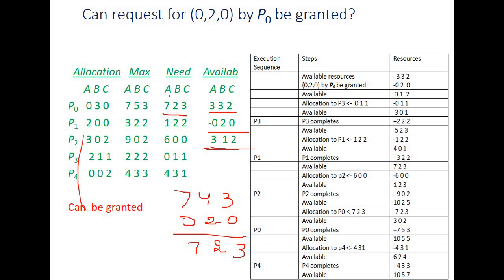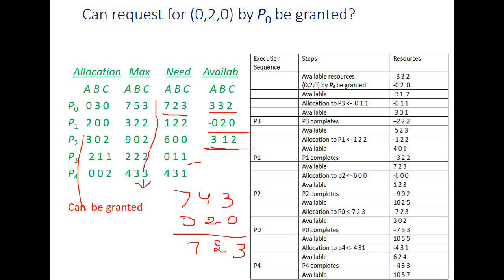So with 312, can we start execution of the processes? Let us verify from P0 to P4. First we take up the process requiring the least resources. So P3 we are considering. P3 requires the least number of resources, 011. So 011 is allocated to P3.